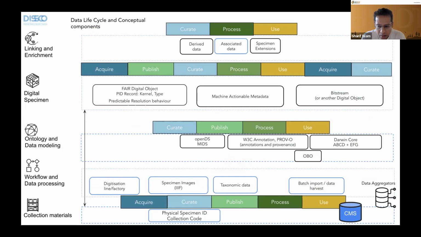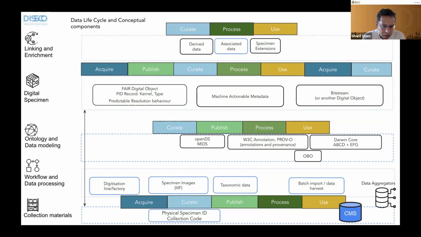Our sources of data come from the collection management system through the digitization process. At the same time, we curate, publish, process, and use all of this data. There are taxonomic data, images, sequence data coming in, but there are different types of data modeling and ontologies that we have to consolidate in a standard fashion to have this work.